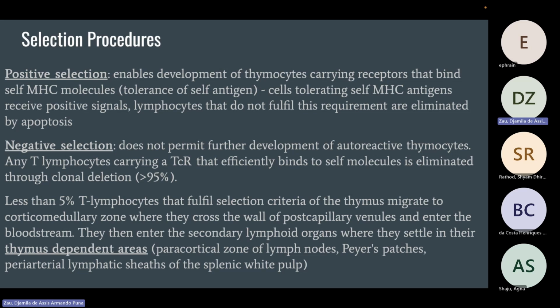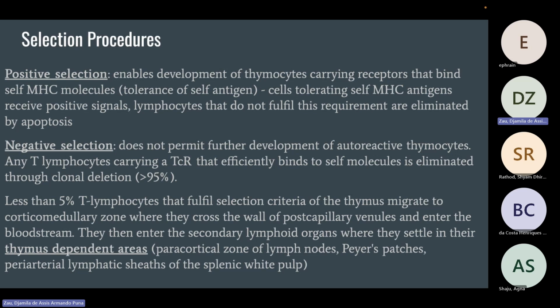So these cells receive a positive signal, and the lymphocytes that do not fulfill this requirement are going to be eliminated by apoptosis. You have the negative selection, and the negative selection does not permit further development of the autoreactive thymocytes. Any T lymphocyte carrying a TCR, which is the receptor, that can bind to the self molecules, like our own antigens, is going to be eliminated.